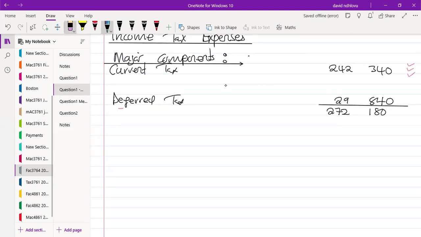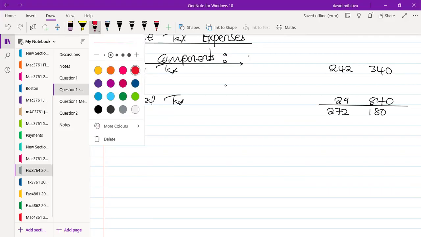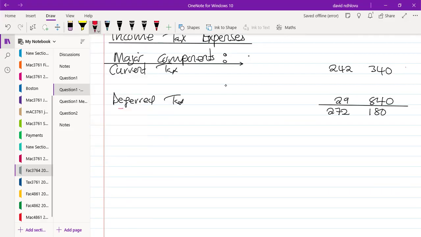So therefore, we have come here, we have the current tax. We know that income tax expense for the statement of P&L is deferred tax plus the current tax. So the current tax portion we now have. And then the deferred tax that we have in our calculation is a liability. So to get the income tax expense, you have got to add the two.